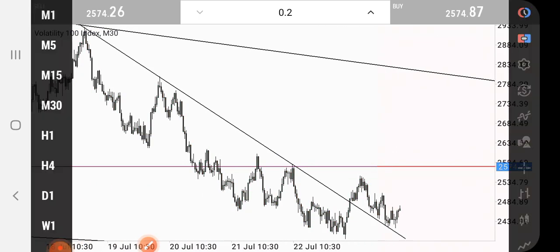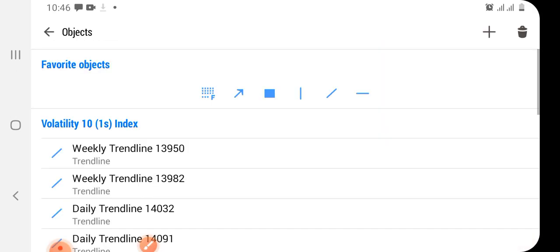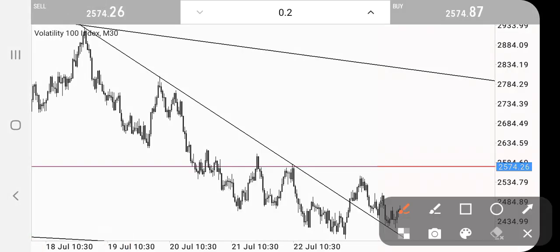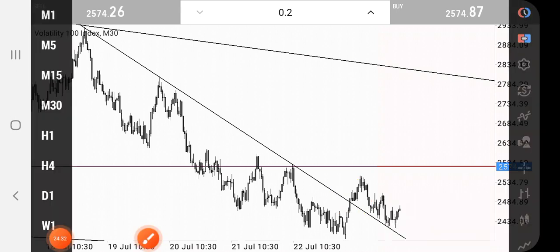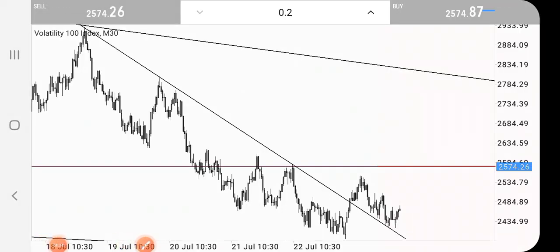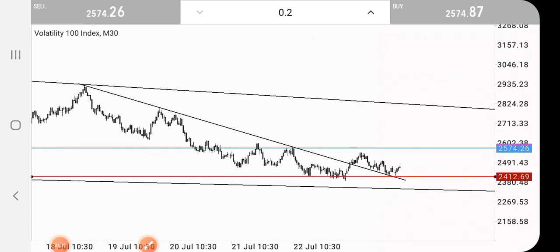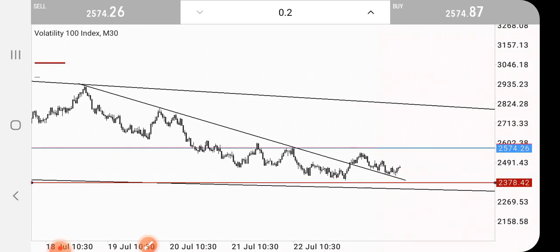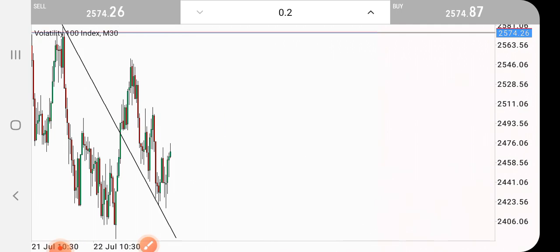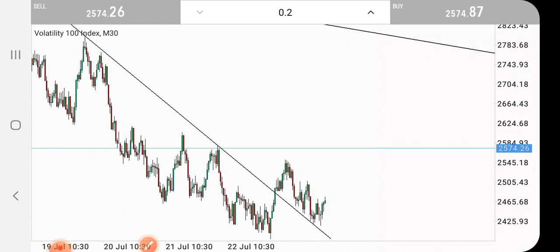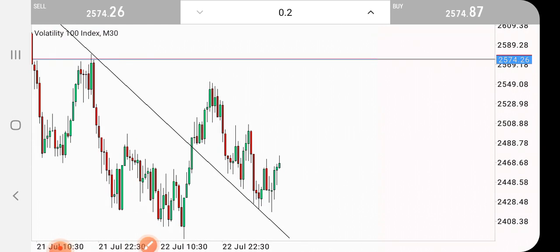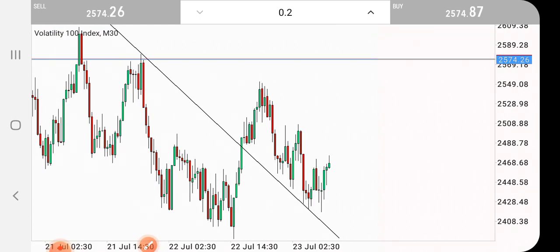When the market breaks our point, we start buying, and then we put our stop loss below here. So you can see that when we could have entered this trade, we could be in losses right now, but the stop loss wasn't hit.